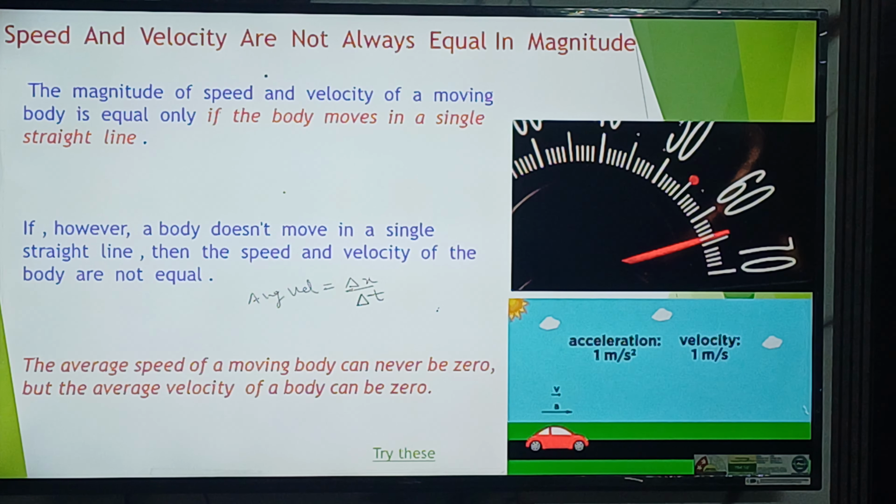Suppose a body moves from point A to B, 5 meter, and then returns from B to A again 5 meter. So what is change in displacement here? Delta x, that is change in displacement.